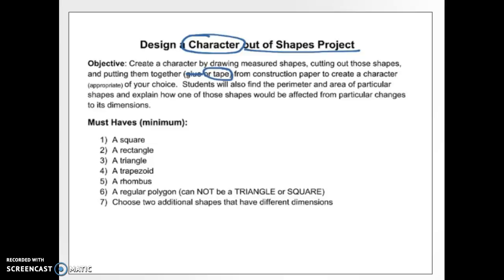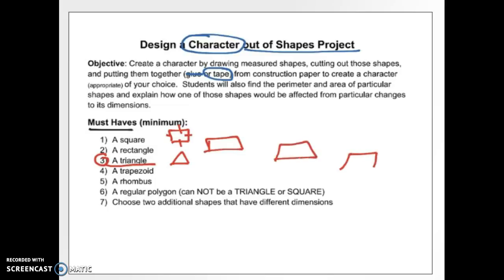So, let's go over your must-haves. Your number 3 looks different, so I need you to make a change. Originally, I had it as a circle, but it needs to be a triangle, okay? So your must-haves: you must have a square, you must have a rectangle, a triangle, a trapezoid, a rhombus, and then a regular polygon.